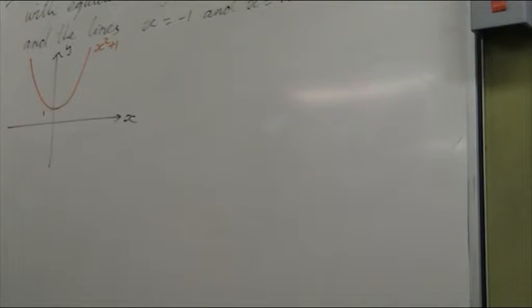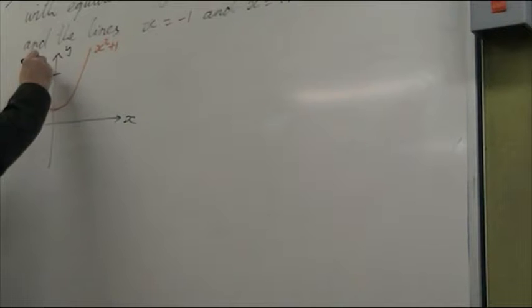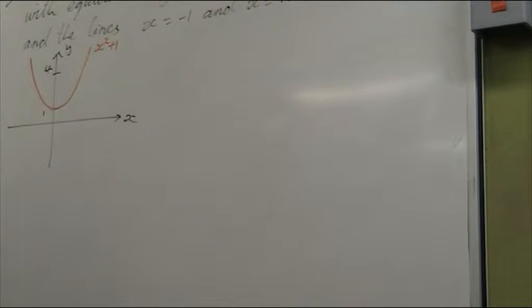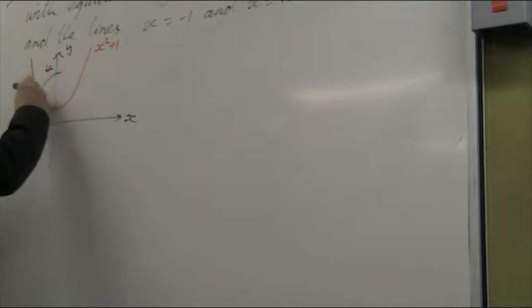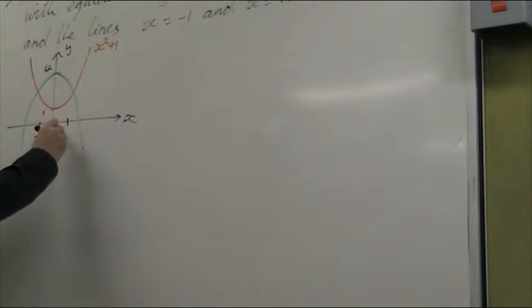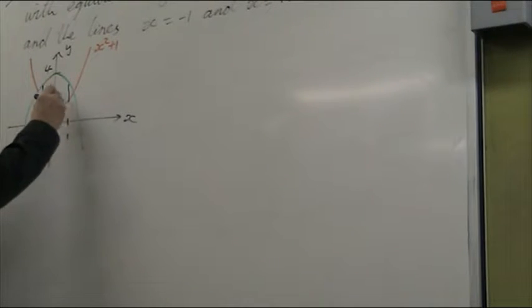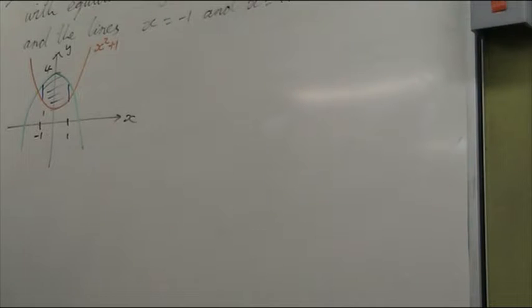And 4 minus x squared is also a parabola, and it has been flipped and also moved up 4. So it goes like that. So x equals minus 1 is there, x equals 1 is here, and so if we follow those up, what we're after is that area in there.